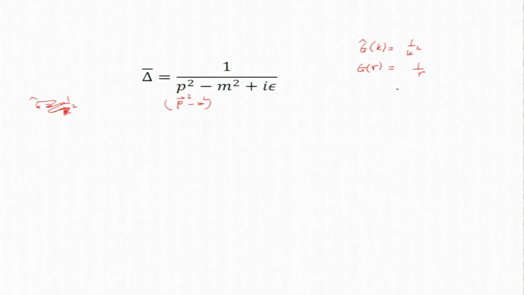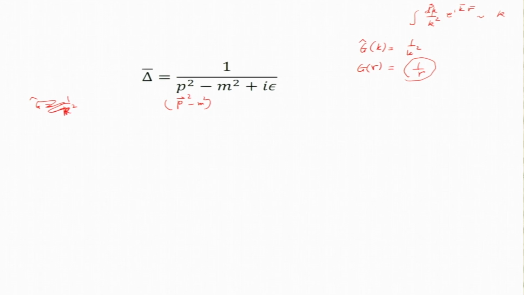The way to see this, one simple way I told you, is dimensional analysis: e to the power I k dot r d cubed k. So, by dimension, k has dimension of 1 by length, so this is 1 by r. This is the Coulomb interaction, the electromagnetic field Green's function.